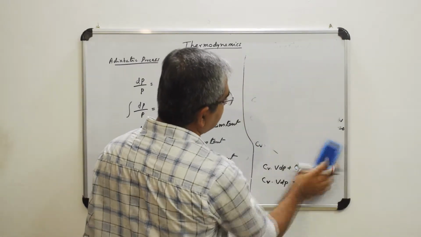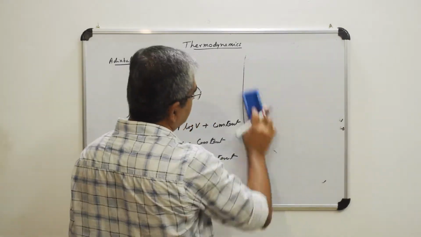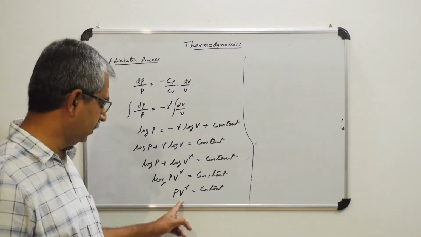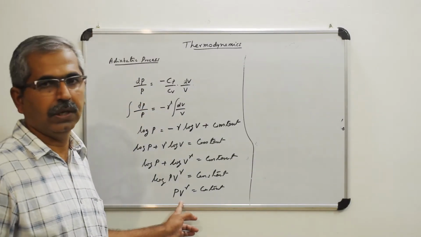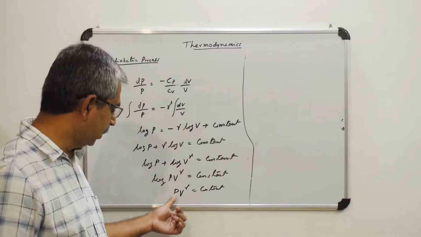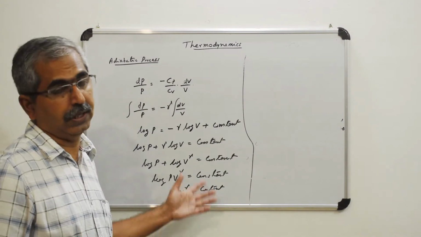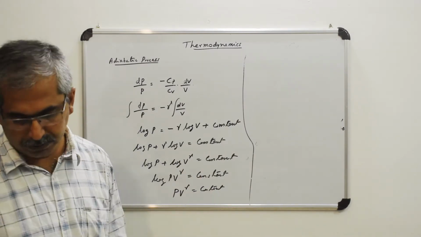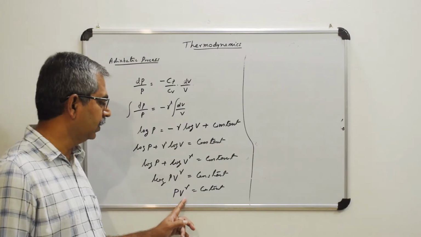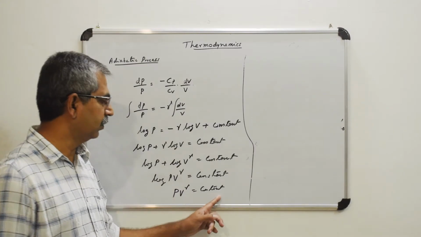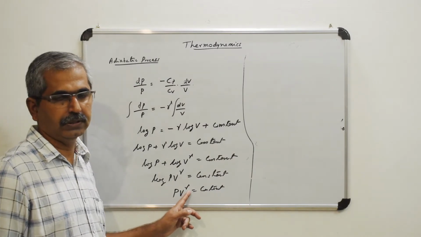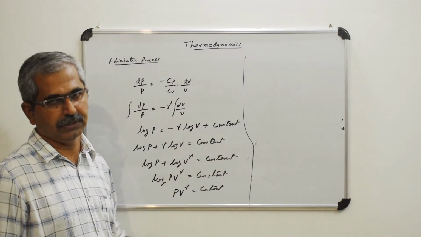Now we can have different versions of this one. So this is between P and V. You can as well have an equation connecting P and T or V and T. So three different possibilities are there. The basic equation you can write as P V raised to gamma is equal to a constant, where gamma is the ratio of the specific heats.